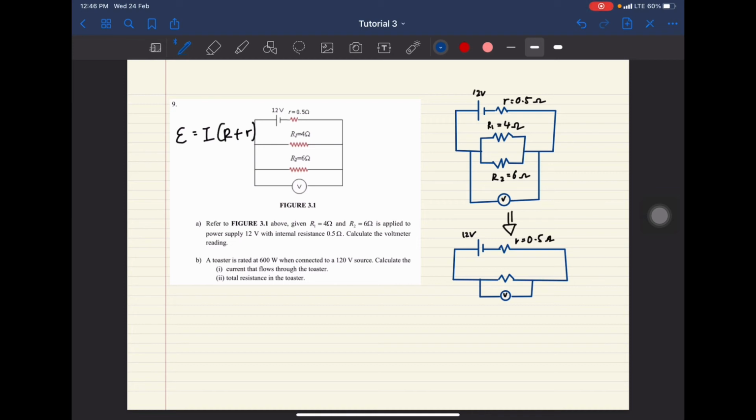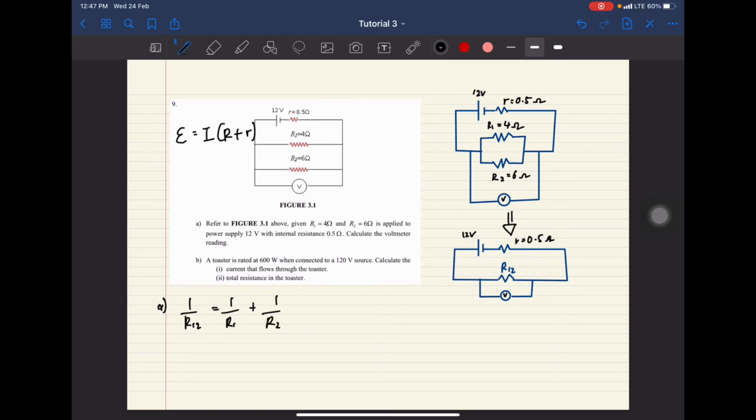First thing first, I would like to combine R1 and R2. When I combine R1 and R2, I will get R12 over here. So if I have R12 there, it becomes something more familiar to what you usually use to calculate. So first thing first, I combine R12. So 1 over R12 equals to 1 over R1 plus 1 over R2.